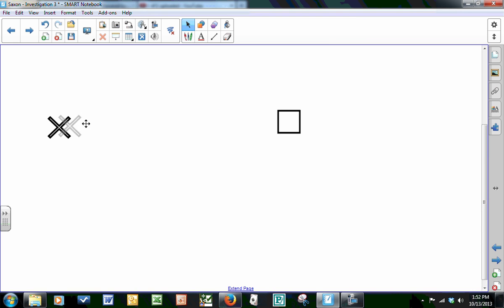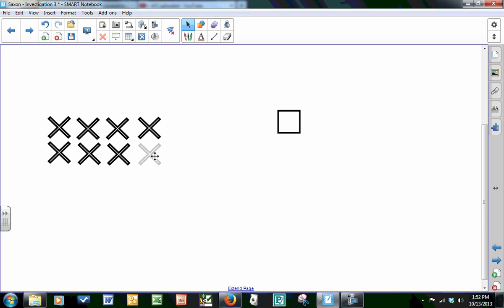Here we have 1, 2, 3, 4. I love the infinite cloner. Makes things so easy. What multiplication pattern is shown by this array? Count your rows. 1 row, 2 rows.